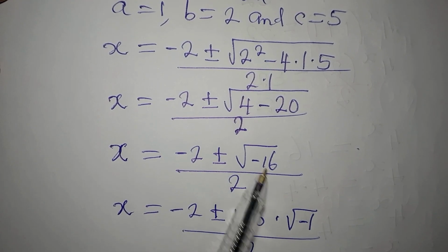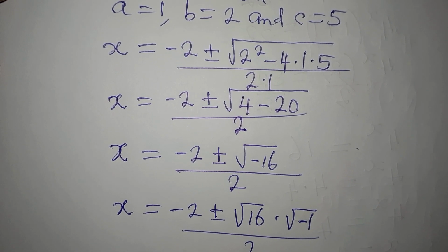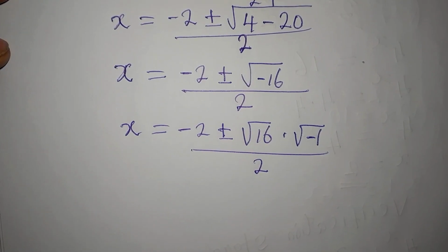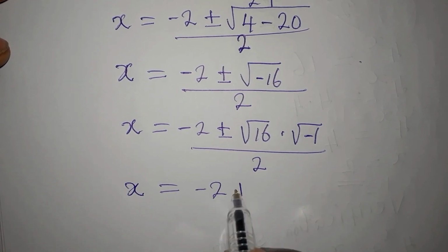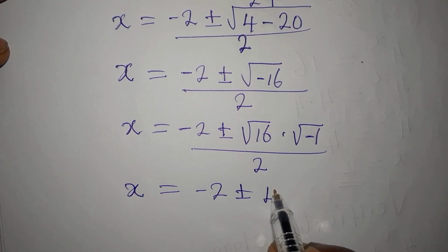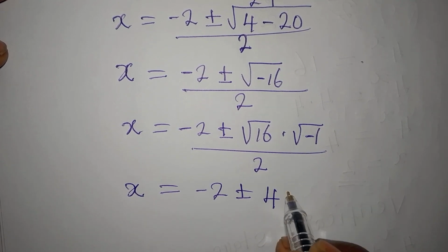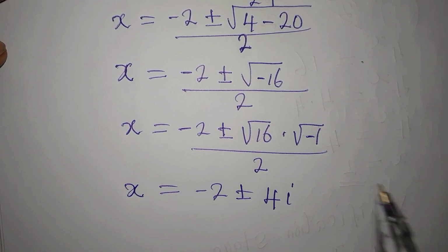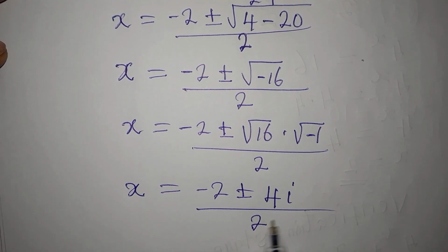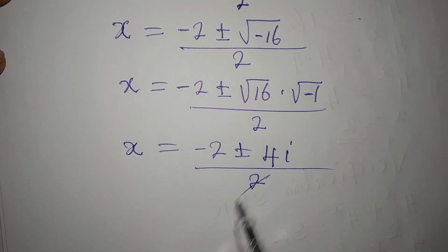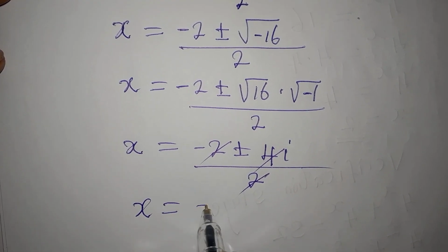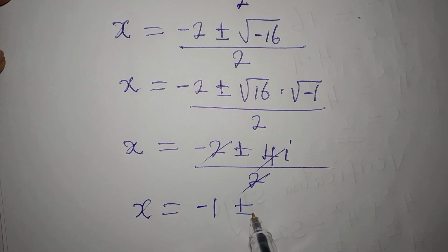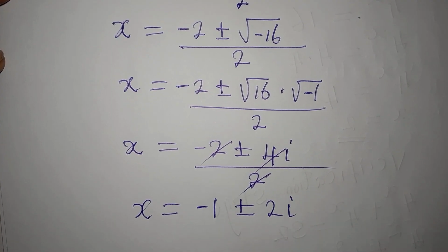I picked this negative from the content under the root. So if we go ahead, x is equal to minus 2 plus or minus: square root of 16 is 4, square root of negative 1 is i, so we multiply by i, and then we divide by 2. What again? 2 will go here, and the same 2 will go here. So x will now be minus 1 plus or minus 2i.